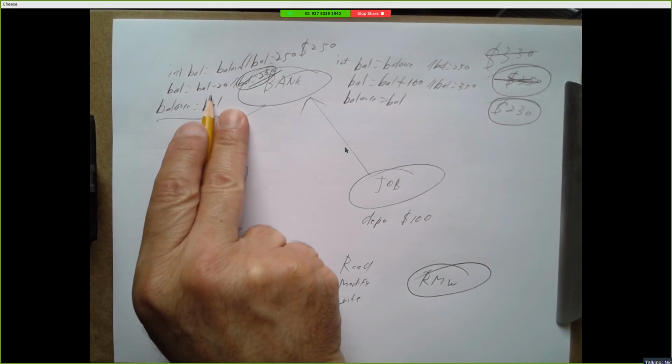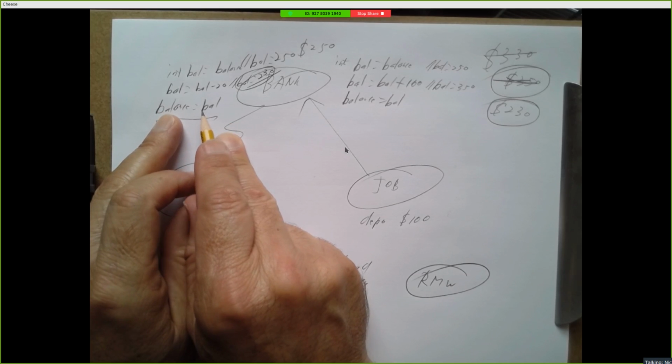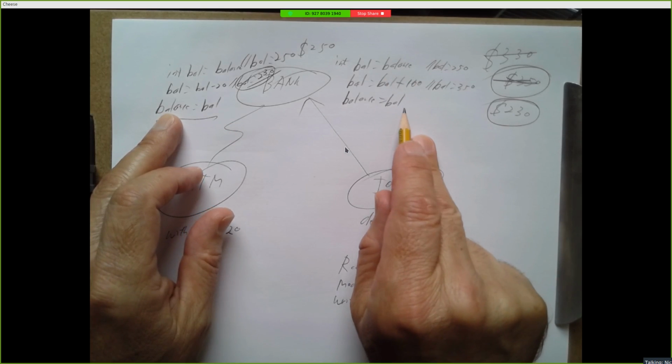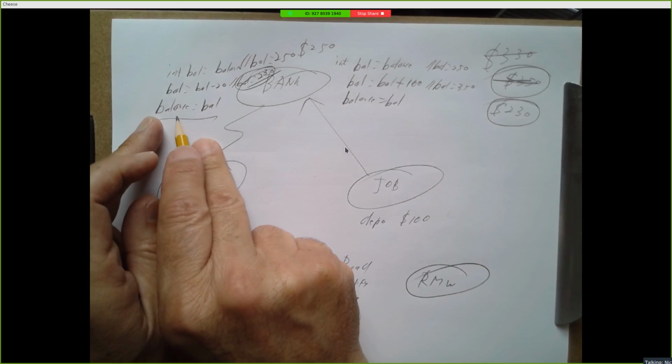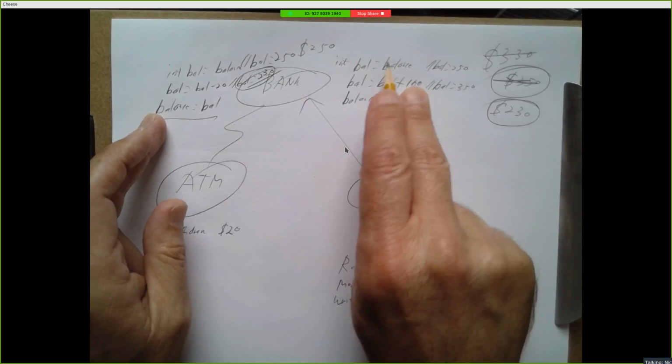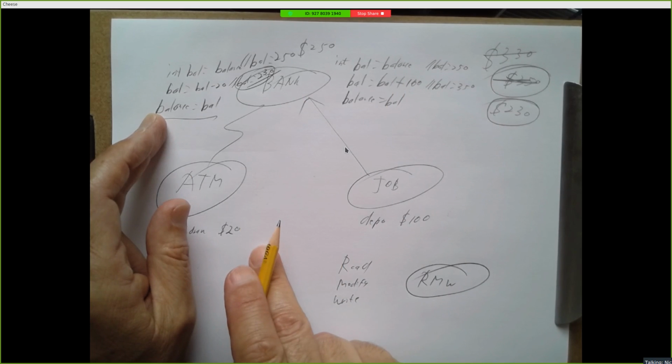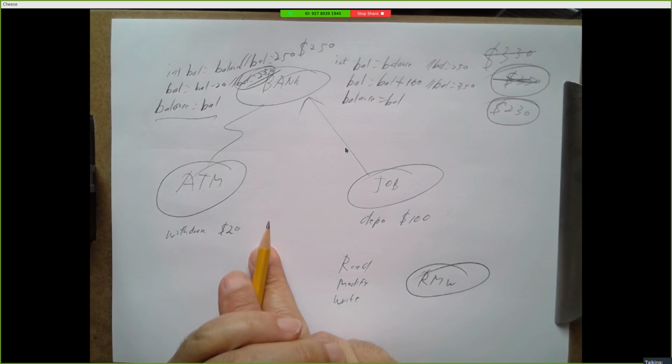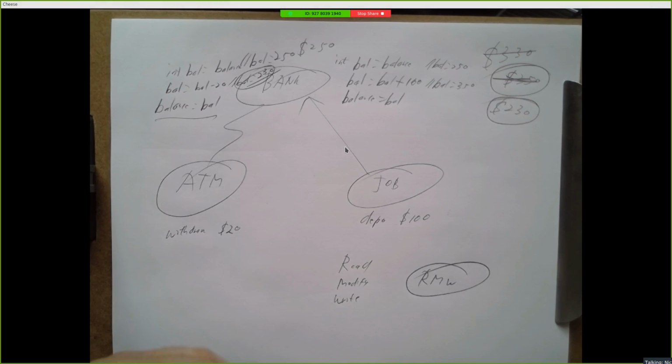It did the read, it did the modify, but before it did the write, this thing had written its balance. But then when this thing wrote its balance, it undid the effect of this thread's read, modify, write. And any time that you have this kind of read something, make a change, write it back, if that can be interrupted, you have the potential for this kind of data corruption.